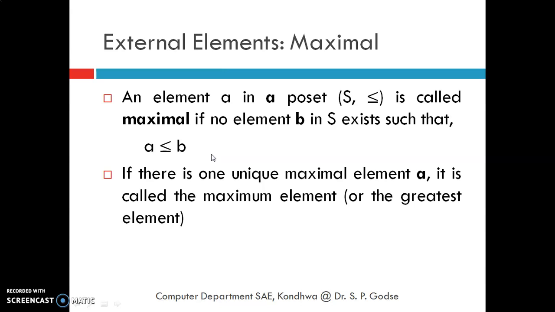So if it is a unique element among all the set S, then it is called a greatest element. Sometimes two or more maximal elements are also present separately. That's why, if a unique element exists, then it is called a greatest element.